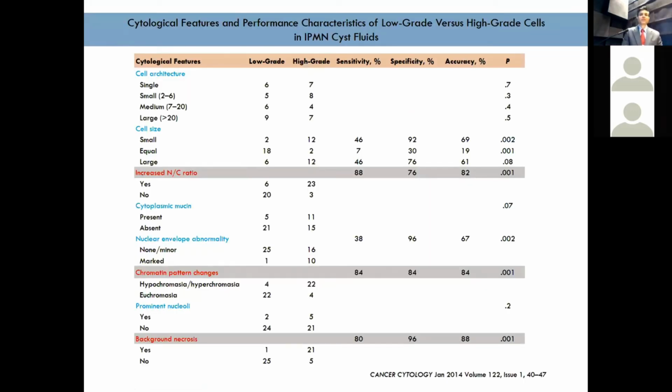This is a table from one of the earliest studies that looked into the cytomorphological characteristics of low-grade and high-grade cells in IPMN cyst fluids. They found that the 3 features highly associated with high-grade cells are increased NC ratio, chromatin pattern changes such as hypochromasia and hyperchromasia, and background necrosis.